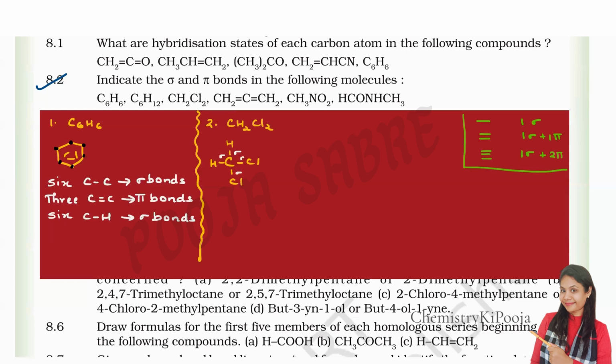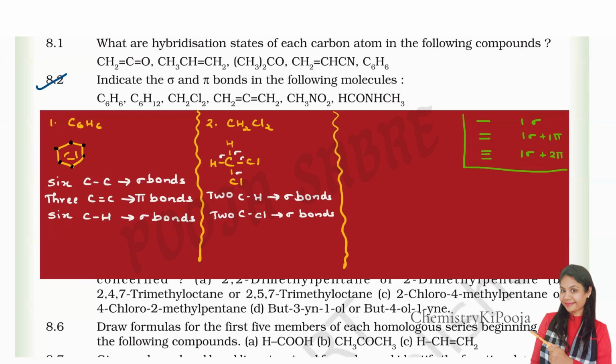And which are those? We have 2 carbon-hydrogen sigma bonds and then 2 carbon-Cl sigma bonds. So in all we have 2 plus 2, that is 4 sigma bonds. Clear? Let us proceed ahead with the next question.